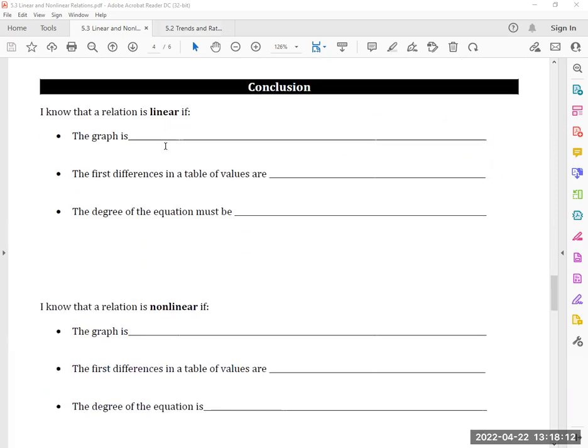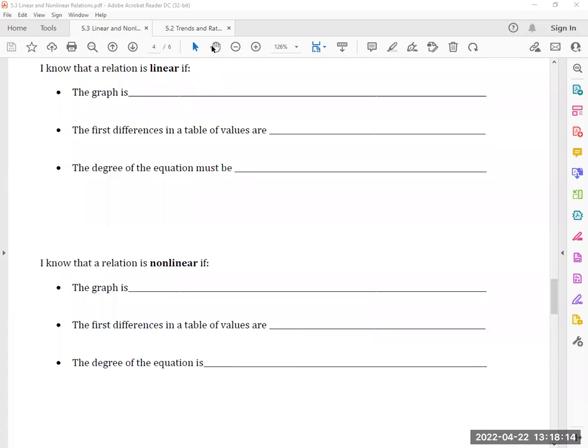Conclusion. I know that a relation is linear if the graph is a straight line. Right? So no curves. How can you tell if the only thing I give you is a table of values?